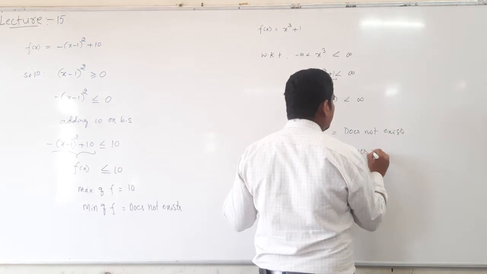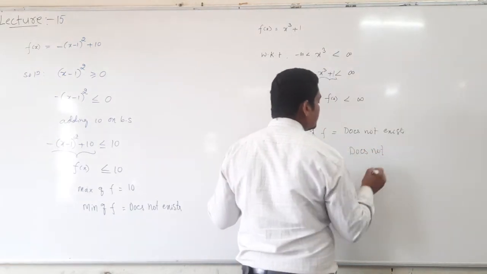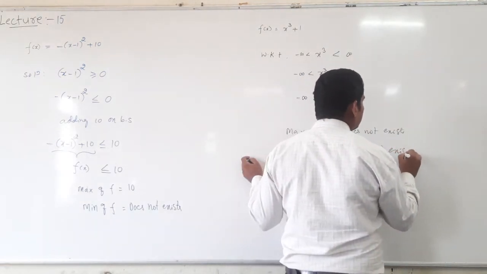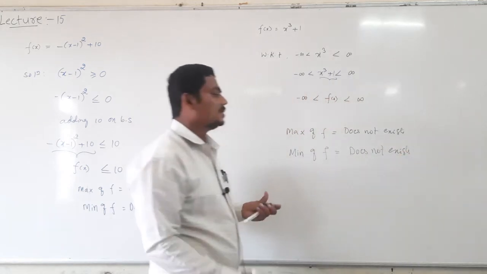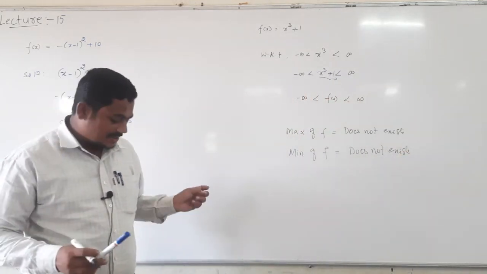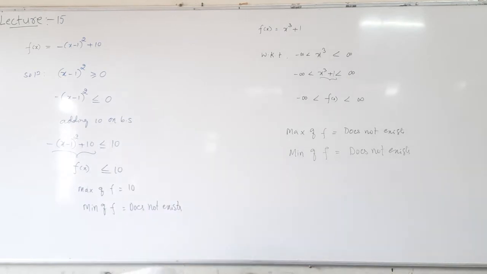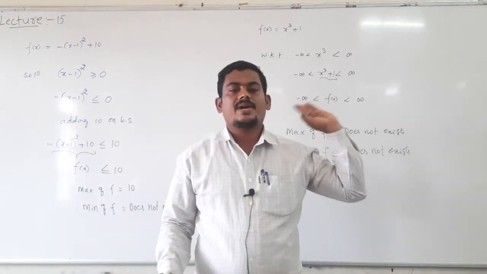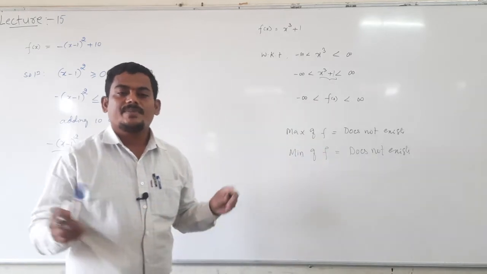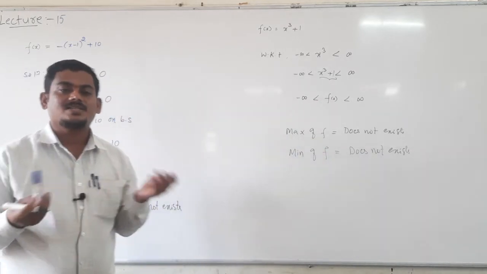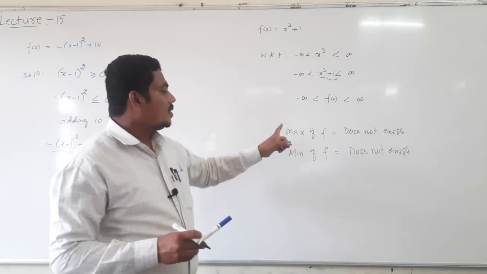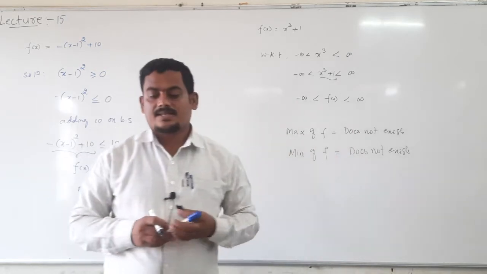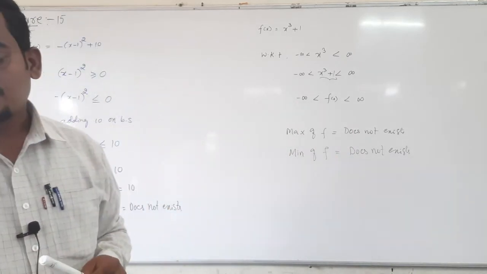In this case, both the values do not exist, right? Because it is oscillating between minus infinity and plus infinity, there is no fixed minimum and no fixed maximum. So both the values do not exist, right?